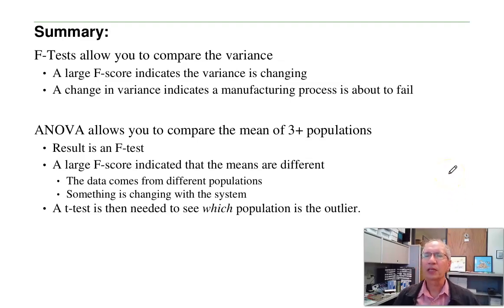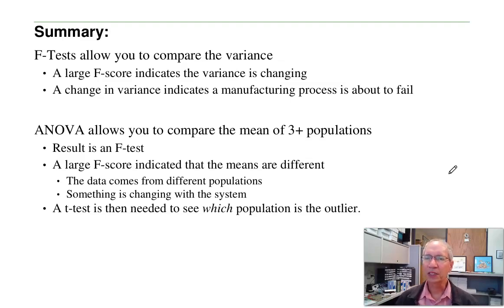So in summary, F-tests allow you to compare variances. A large F-score tells you that the variance is changing. Analysis of variance allows you to compare the means of 3 or more populations. The result is an F-test. A large F-score tells you that at least one population has a mean that's different.